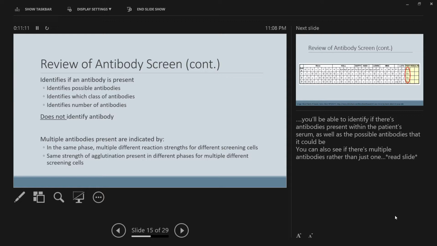But then on a different screening cell, you would see a 1+ for immediate spin and a 4+ for AHG. That would denote two different antibodies of two different classes, because IgG reacts best at the AHG phase and IgM reacts best at the immediate spin phase.